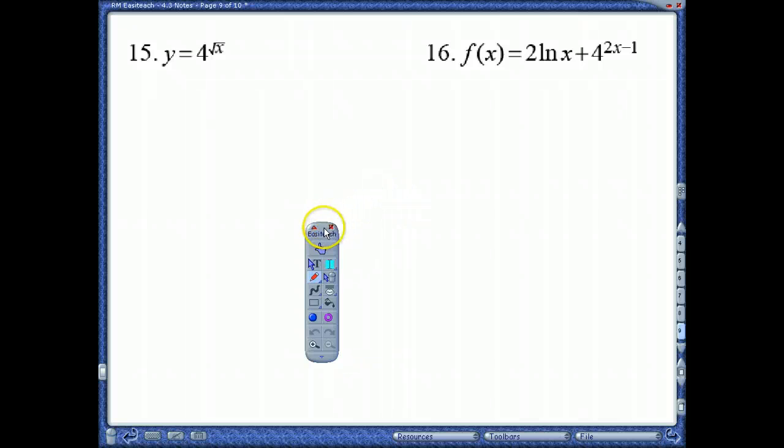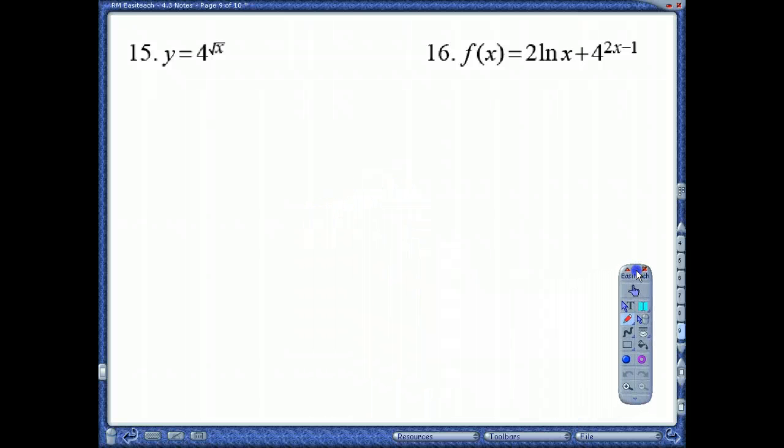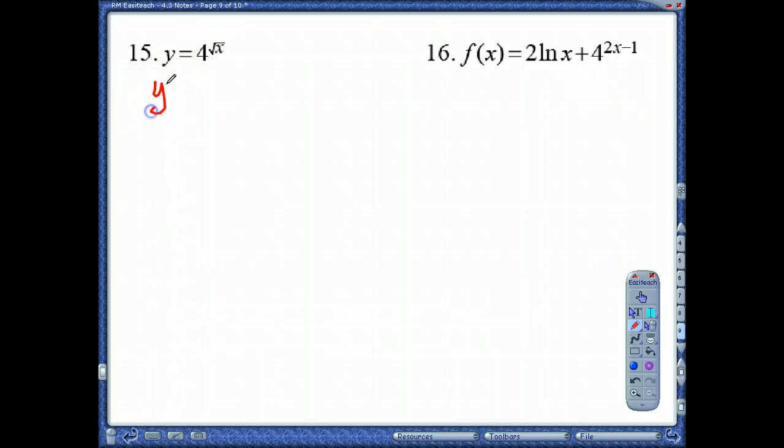All right, so let's do just a couple more. When I look at this guy, it's actually y equals 4 to the x to the 1/2 power. Holy cow, an exponent with an exponent. That is crazy good. So we're just going to focus. I'm going to take my derivative.